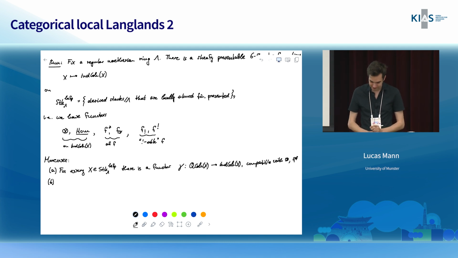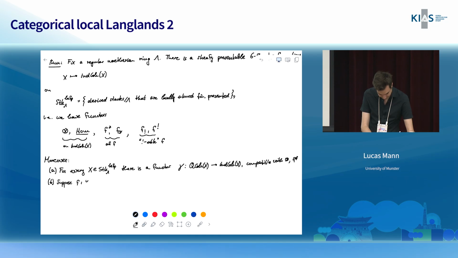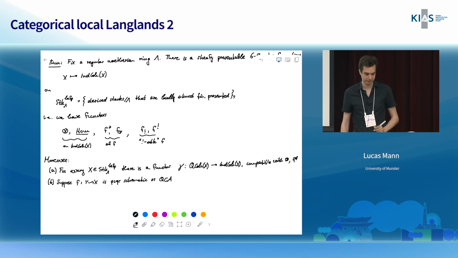Okay, then next is, suppose I have a map f from Y to X in this category of stacks, and suppose this is either QCQS schematic, or some technical term, which I think in geometric Langlands is often called QCA.